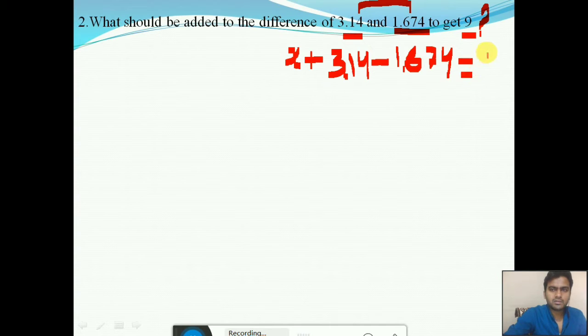Equals 9. So here we will put the comma.